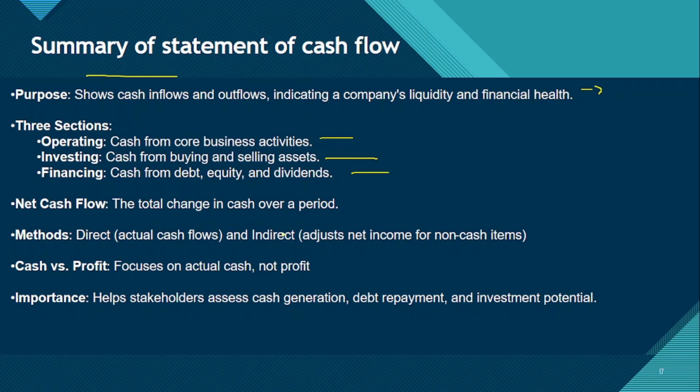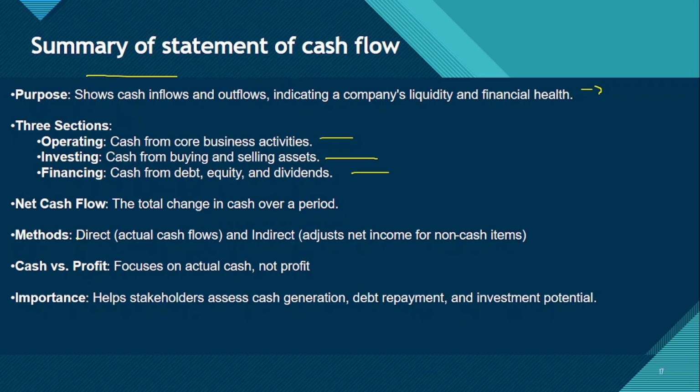The net cash flow is the total change in cash over a specific period of time. That means the net cash flow from operating activities, investing activities, and financing activities; the sum of all these is the net cash flow.